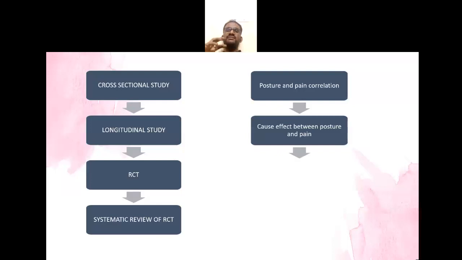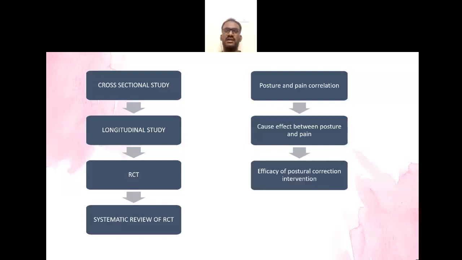Again, I am saying all the other biases as well as confounding variables have to be taken care of. Considering all this has been taken care of, then we can consider the cause-effect relationship. If it is established, then we have to frame a treatment program, for example postural correction exercises or postural corrective devices.